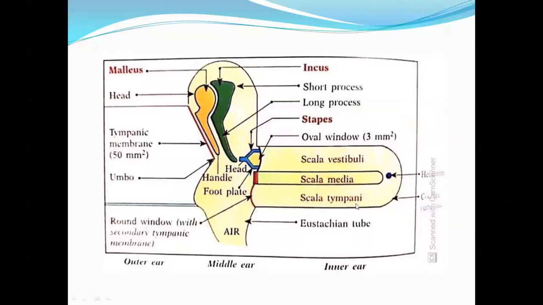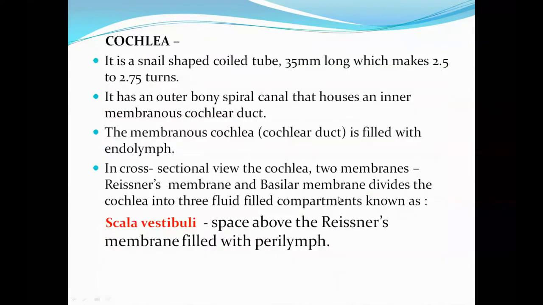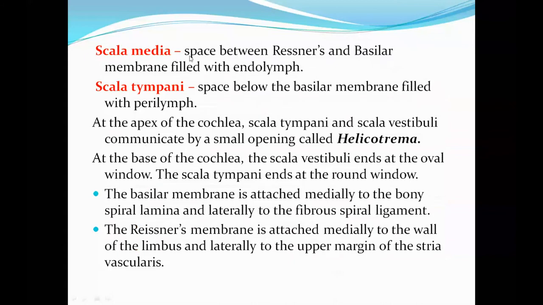Scala tympani is filled with perilymph. So scala vestibuli is the space above the Reissner membrane filled with perilymph. Scala media is a space between the Reissner membrane and basilar membrane and is filled with endolymph. Scala tympani is a space below the basilar membrane filled with perilymph.